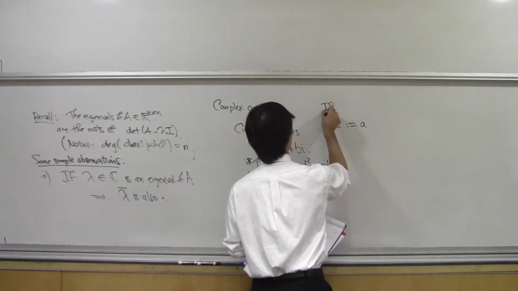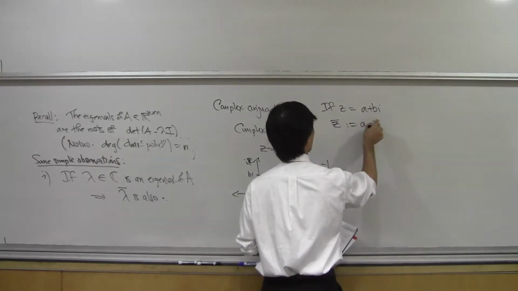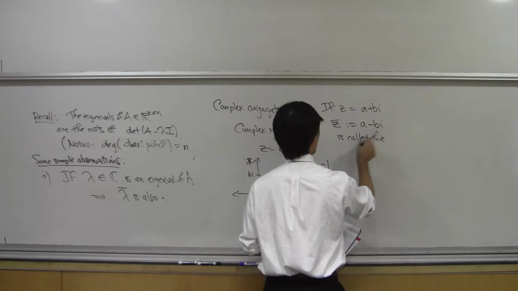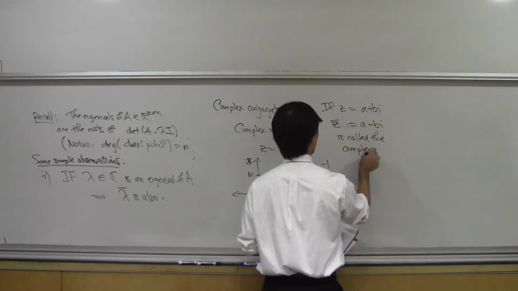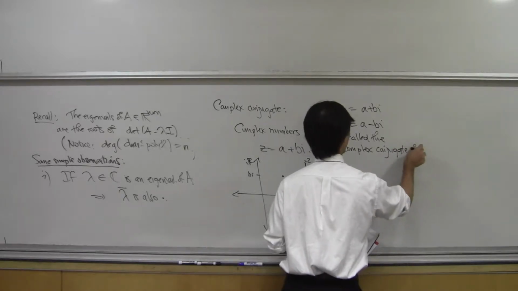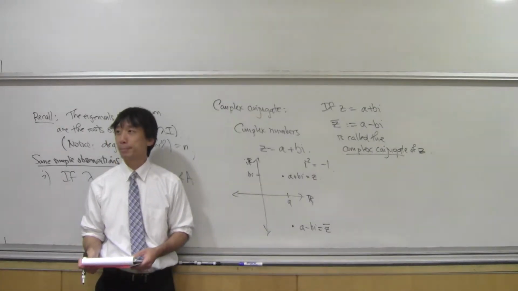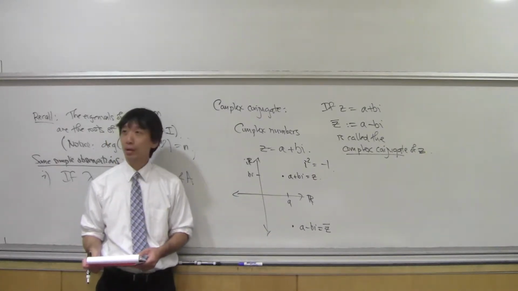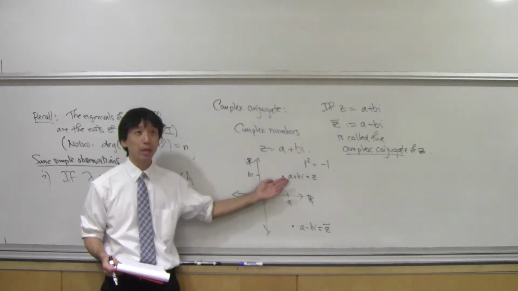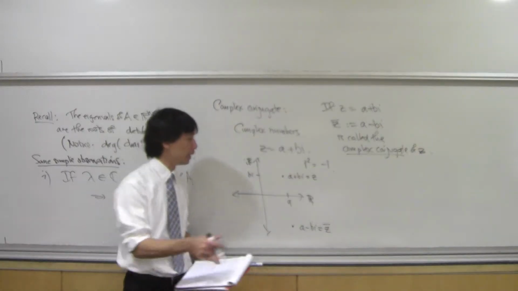So if z is a plus bi, then a minus bi is called the complex conjugate of z, written z bar. And you notice what it is: it's the reflection of your point across the real axis.